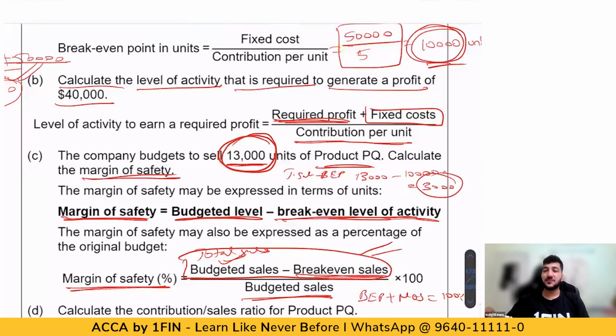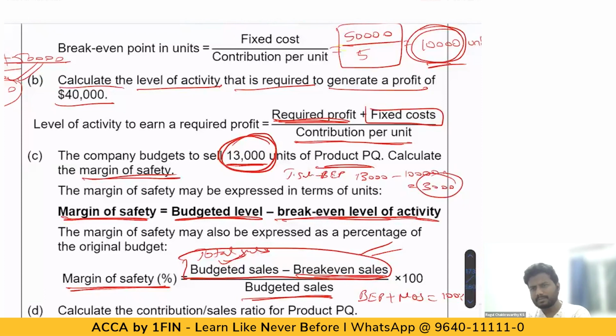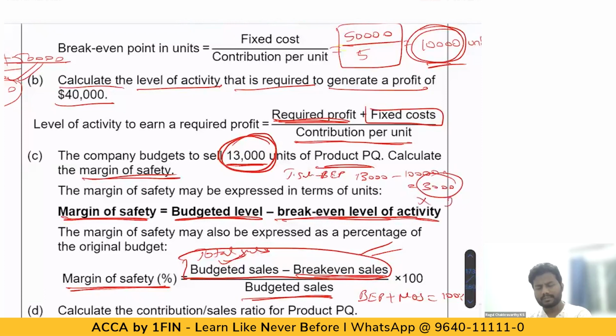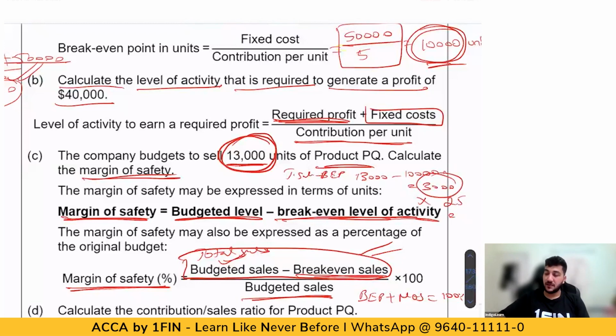If I want margin of safety in value, what will I do? Multiply it with the selling price. What is the sales price per unit? Sales price per unit is 25. How much will it be? 3,000 multiplied by 25 is 75,000. Then as a percentage, if you want to calculate, totally I'm selling 13,000 units, and for margin of safety I'm selling 3,000 units.